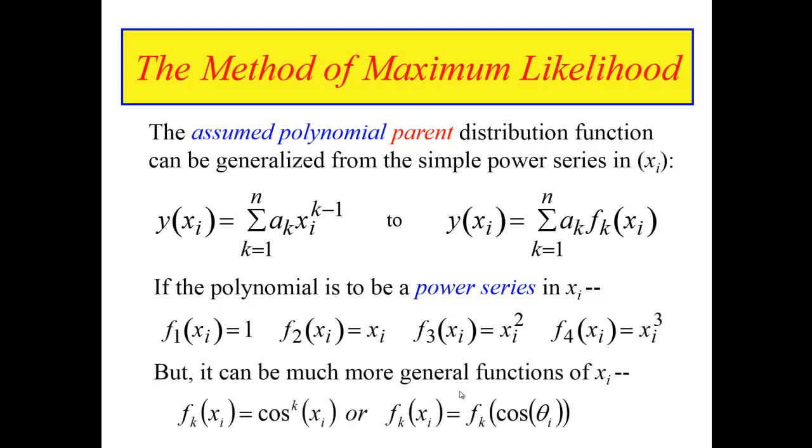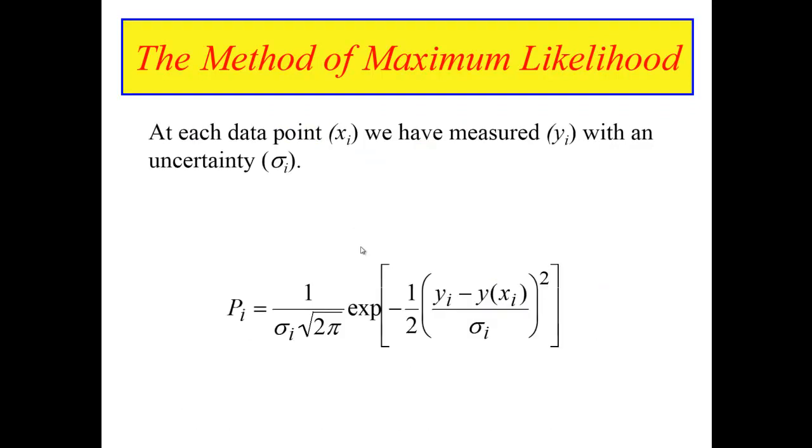But in general, like I mentioned earlier, these f sub k's could represent other kinds of functions of x. It could be a cosine function, or it could even be a function of the cosine function. And so this kind of approach can be used for a series of functions that may be the traditional x, x squared, x cubed, but they could be more general kinds of functions as well. The same method would hold true.